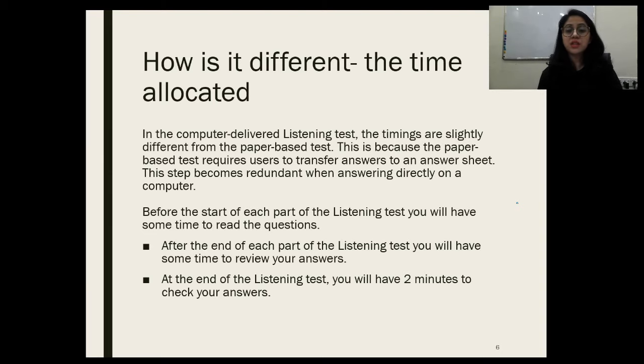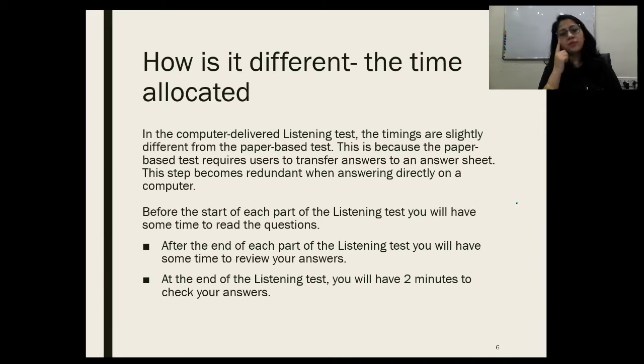In the computer delivered listening test, the timings are slightly different from the paper based test. This is because the paper based test requires users to transfer answers to an answer sheet. This step becomes redundant when answering directly on a computer. So unlike the pen and paper based test where you get 10 minutes to transfer, here it's 2 minutes to check your answers.